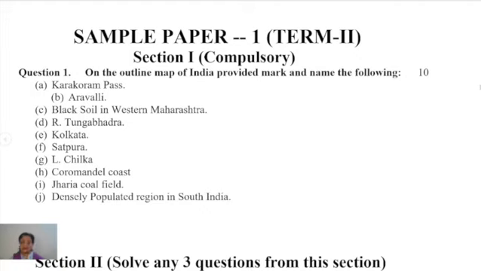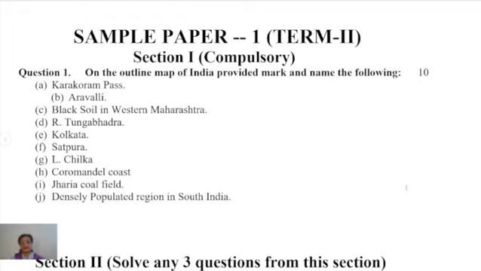As you all know the pattern of the paper, it will be of 40 marks. Section 1 will be the compulsory section, and in this you will get question number 1, which will be totally map work. On the outline map of India you will have to mark a few features.